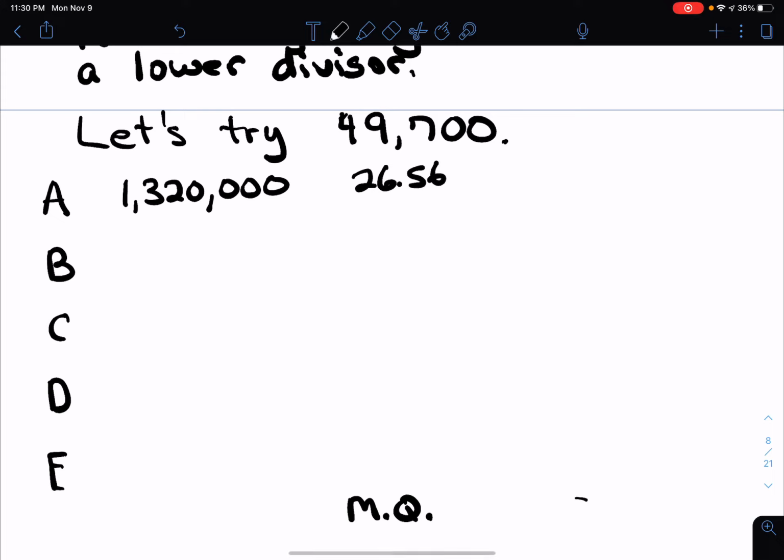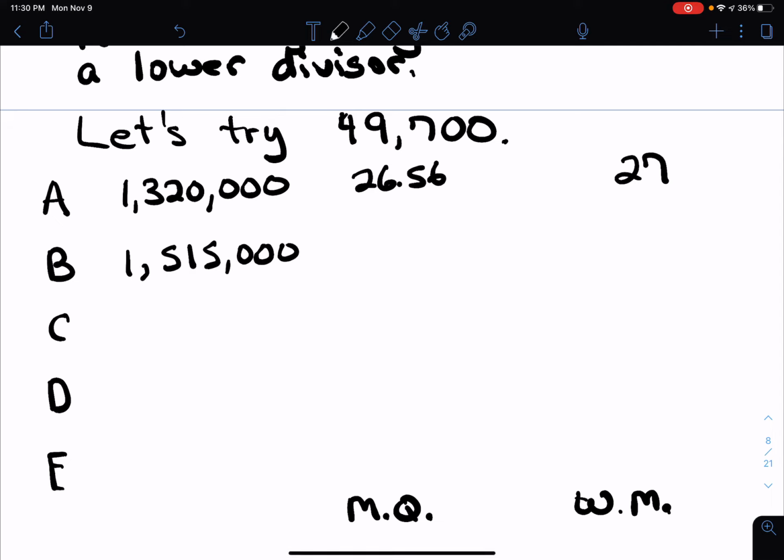And according to Webster's method, we're going to go ahead and just round that to the nearest integer, so we're going to say 27. Okay, for state B with 1,515,000, we're going to divide that by the 49,700, 30.48, which would round to 30.